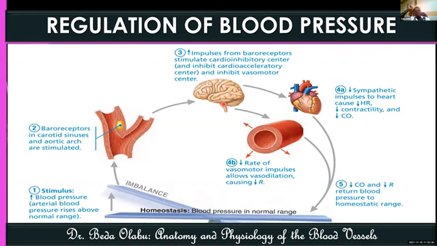What happens? We will have information from the medulla that will reduce the sympathetic outflow. So if you have a reduction in the sympathetic discharge, what are we going to have? Negative chronotropy, negative inotropy, which means a reduction in heart rate and a reduction in contractility.